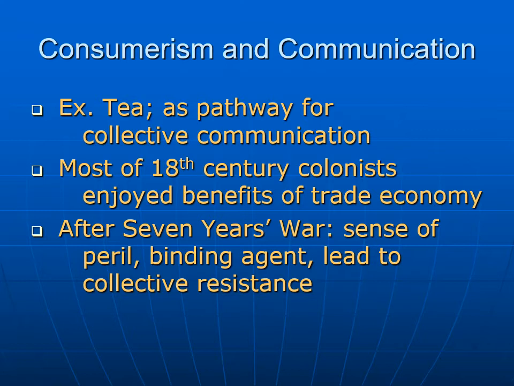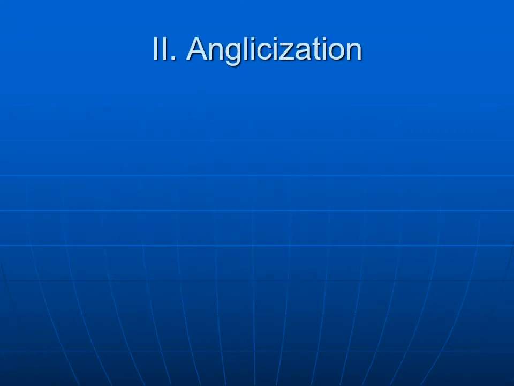And again, as we are seeking to do in this lecture, you can anticipate how those forces that are binding together the colonists in a common experience of anger, antipathy towards the king will later lead to 13 colonies united in an act of revolution, an act of collective resistance.